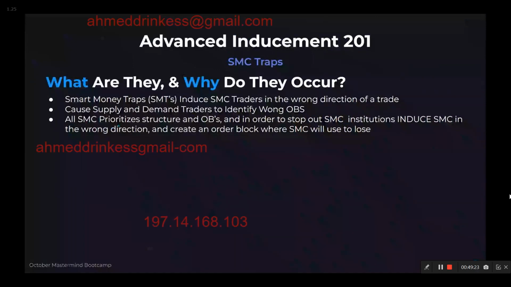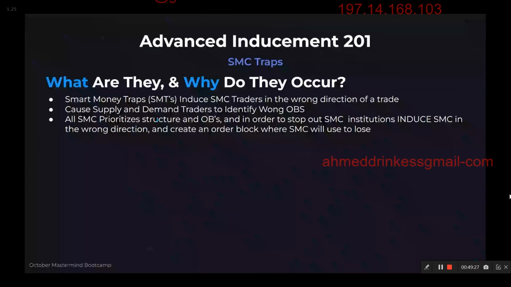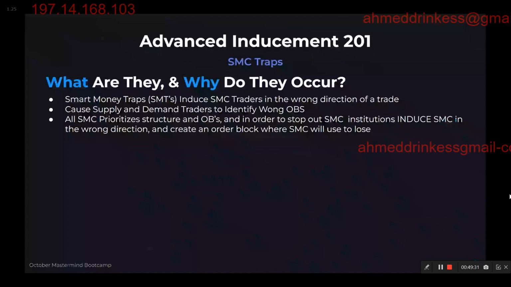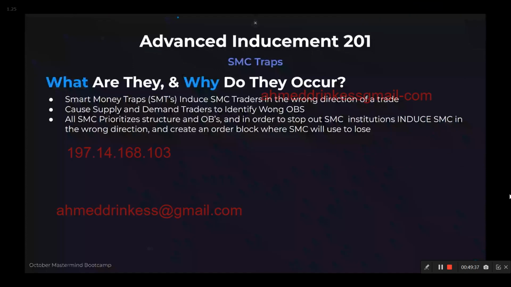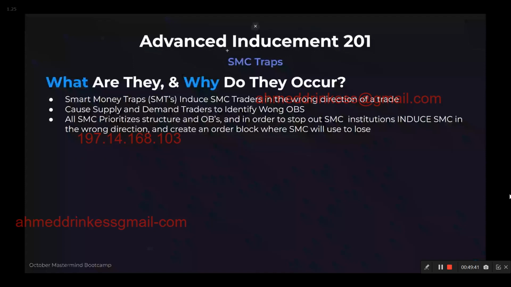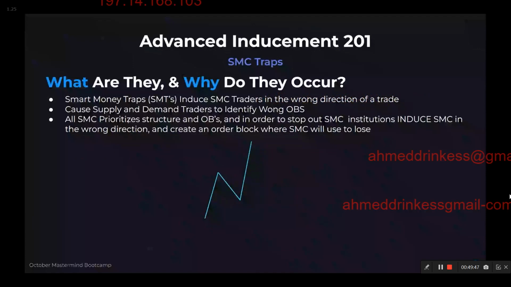So all SMC prioritizes for the majority is structure and order blocks. And in order to stop out SMC, institutions induce SMC traders into the wrong direction and create an order block where SMC will identify it, to exactly lose. So a case in point, as you guys are going to see in the next couple of slides: if SMC traders are viewing this, where are they immediately looking for their order block?